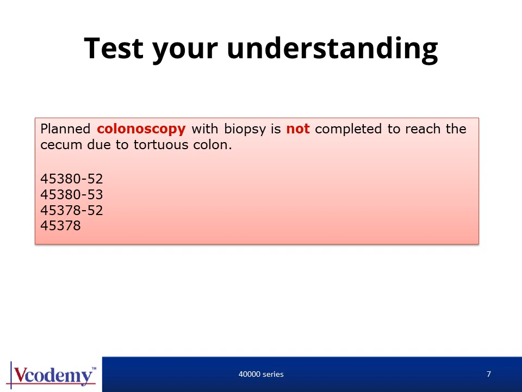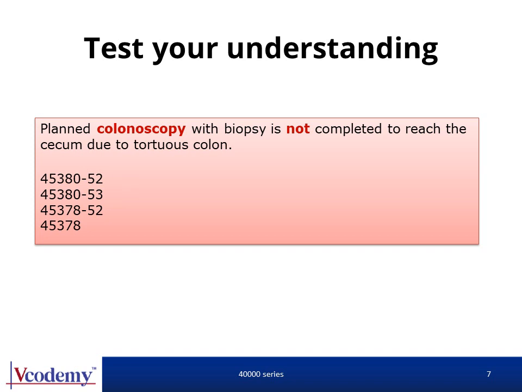Test your understanding. Planned colonoscopy with biopsy is not completed to reach the cecum due to the tortuous colon. So you have four choices here: 45380-52, 45380-53, 45378-52 and 45378 without any modifier.